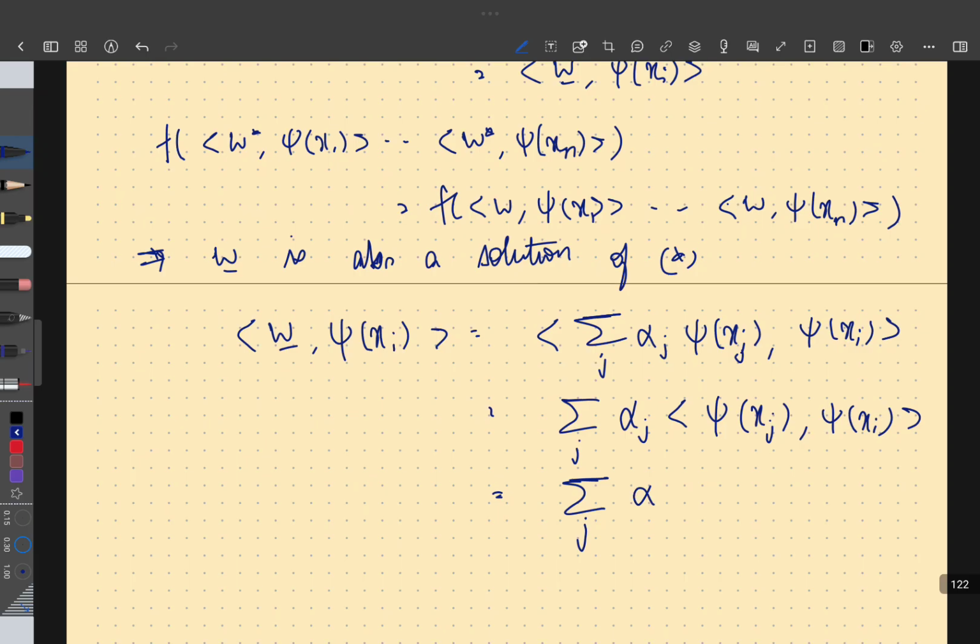which is summation alpha j k of xj comma xi.